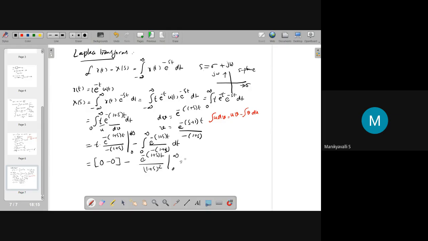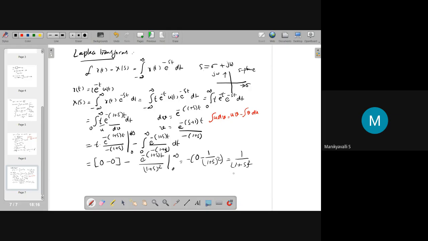So you will have 0, and if you substitute the lower and upper limits again, it will be 0, then 1 by 1 plus s whole square.